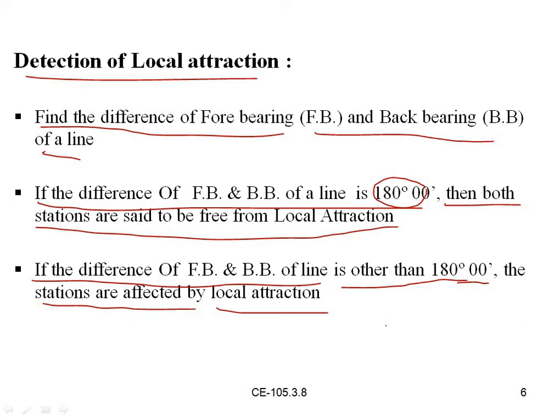So this point we have to keep in mind, that is, if the difference of fore bearing and back bearing of a line is 180 degrees, then both stations are said to be free from local attraction. Okay, if the difference of fore bearing and back bearing of a line is other than 180 degrees, then the stations are affected by local attraction. So these points we have to keep in mind.